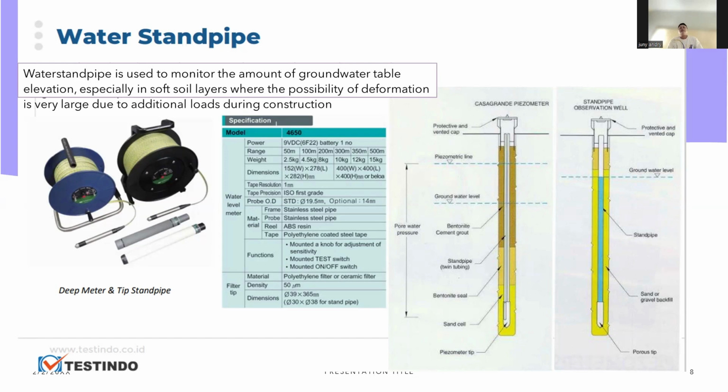With the water standpipe, we can find the sensor and deep metal and deep standpipe to find the water table elevation. This is the flow method and the correct method to find the water table elevation for the subsoil.